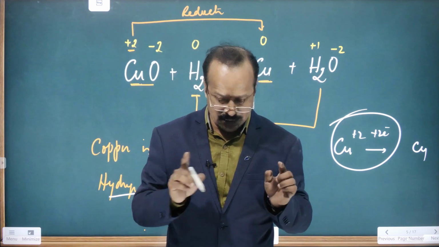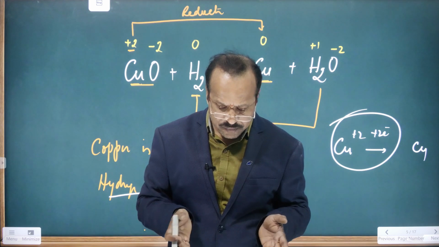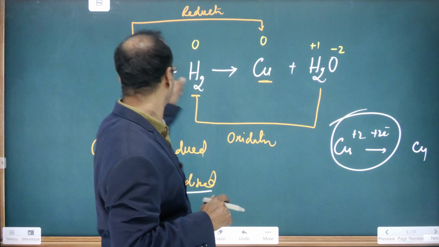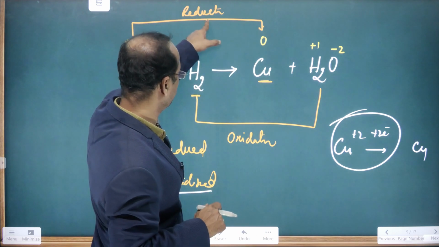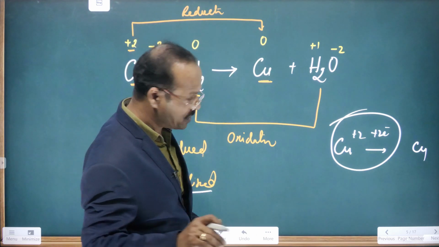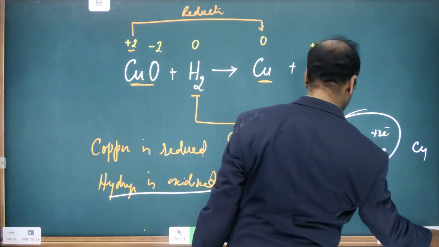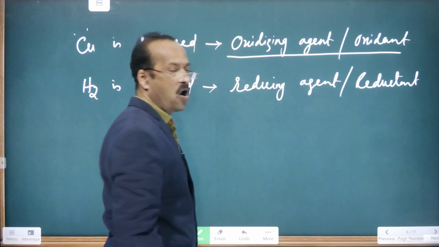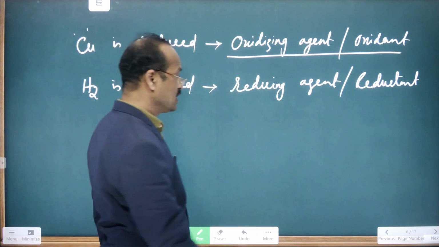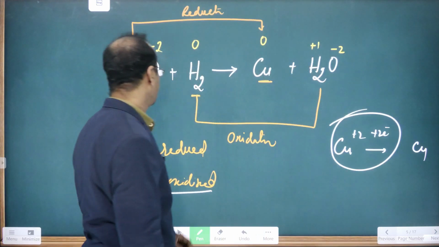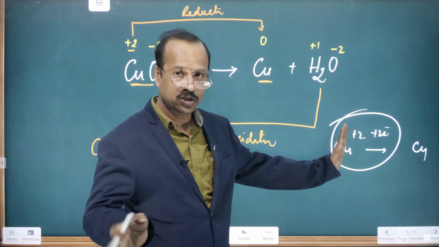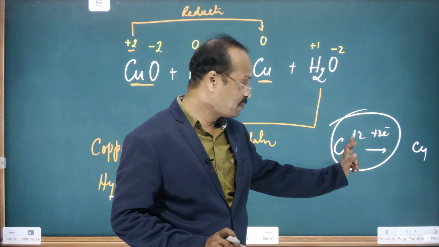So see here, the substance which gains electrons, which undergoes reduction, is called an oxidizing agent or oxidant. Clear to you? This is very important. A little confusion is there. Cu +2 means it already lost 2 electrons, so that becomes +2.